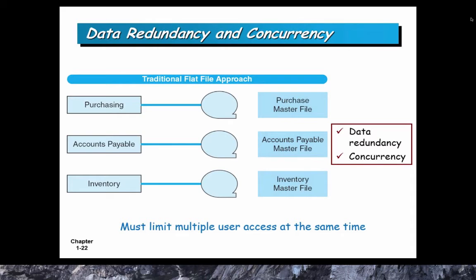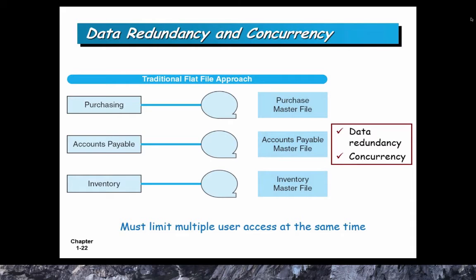Concurrency says you can't have 2 different users with the ability to write data to the same record at the same time. Because if I'm writing to it and you're writing to it at the same time, the database could get all messed up. It'd be like if we both went on Expedia and wanted the exact same seat on an airplane at the exact same time. As soon as I get in there to take a seat, it's got to lock everybody out of accessing that airplane until I'm done.